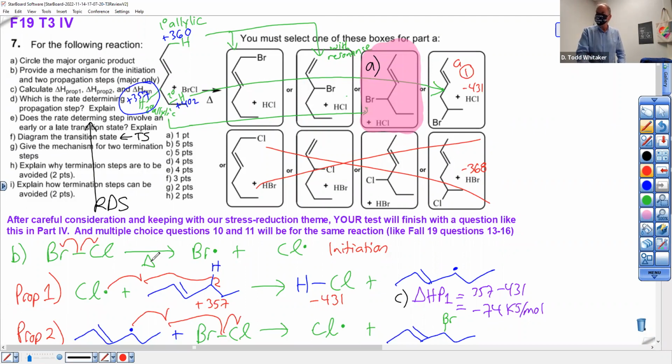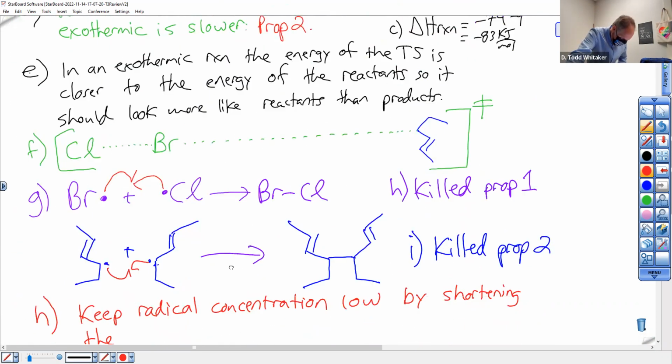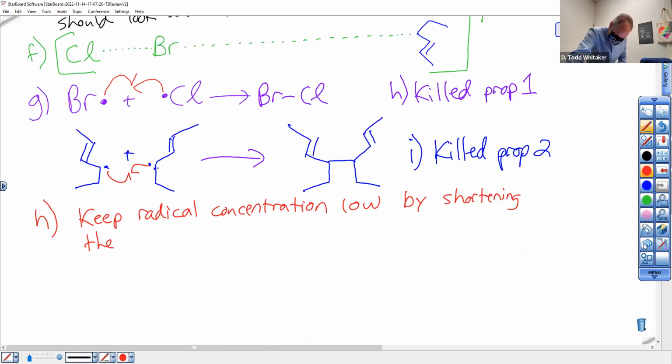Lessening the amount of time that the reaction is exposed to delta. Does that work? I like that. Lessening, you guys know that. Shortening, I don't know. You think tall and short when you see that, don't you? You don't think of time and short. I understand that.